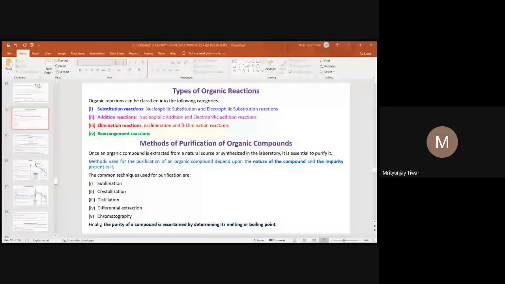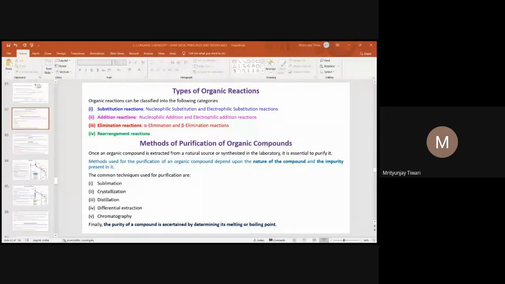So what we need to do is to separate out this desired compound from the reaction mixture that we obtained after the extraction or the synthesis of the compound. To do that, we follow certain methods that are called methods of purification of the organic compound. Means we are purifying the organic compound. We are using some experimental technique, somehow taking out just the pure compound and leaving the impurities alone in the reaction mixture.